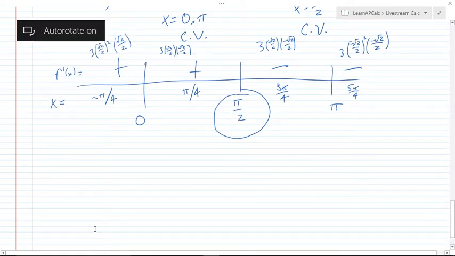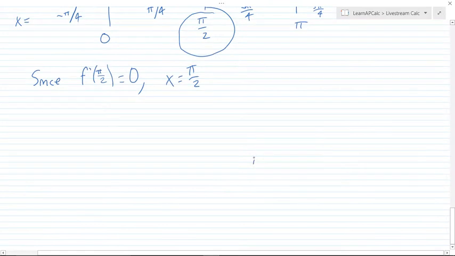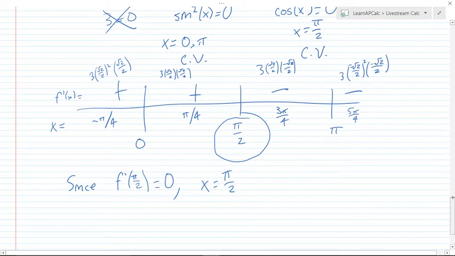So at that point, we need to now write this out in derivative speak. Since f prime of pi over 2 equals 0, x equals pi over 2, x equals pi over 2 is a critical value.